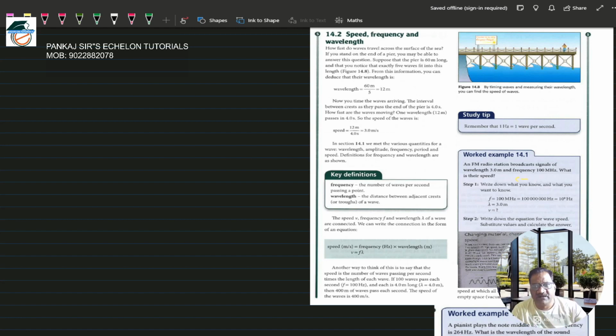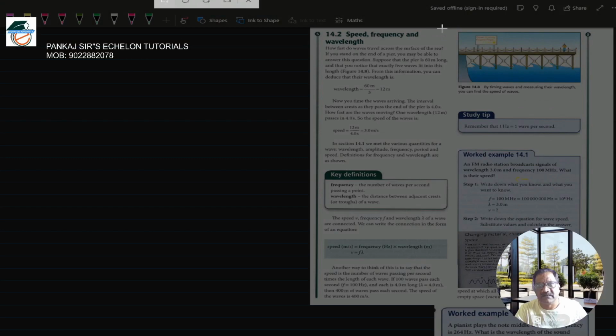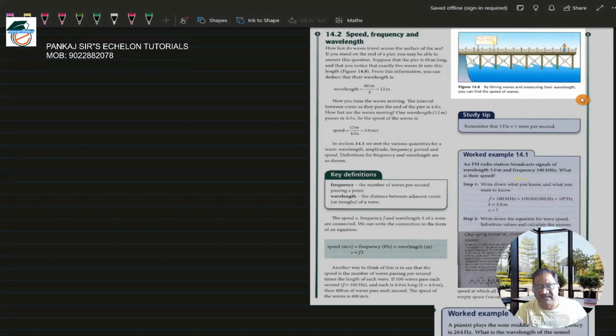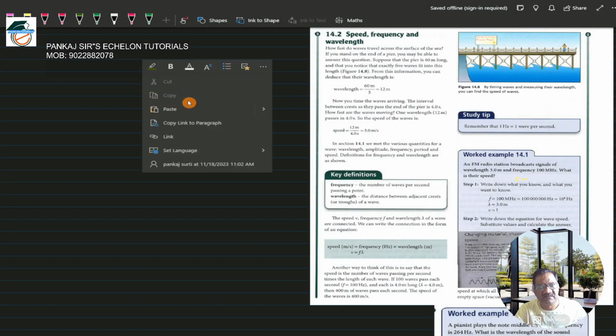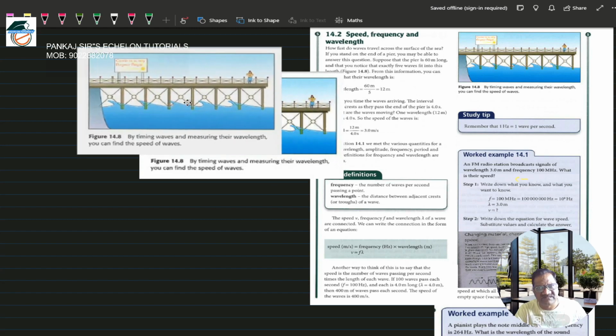Now this numerical is pertaining to this diagram. Can you see this diagram? Let me take this diagram, because we are going to use it. Now I have extracted this diagram over here.